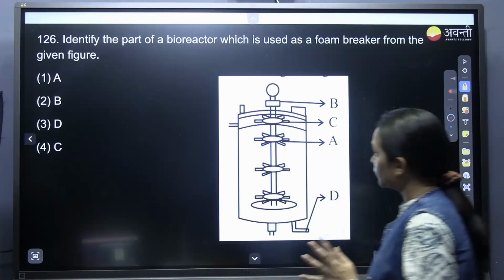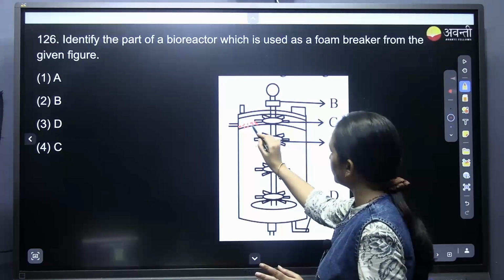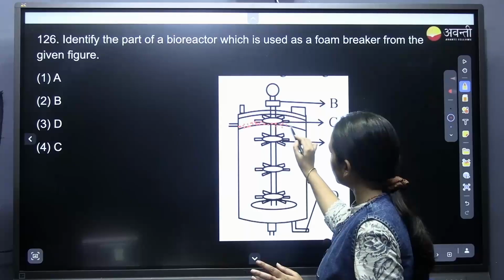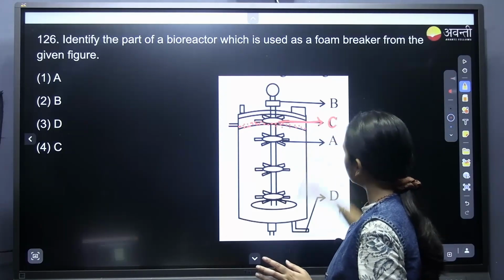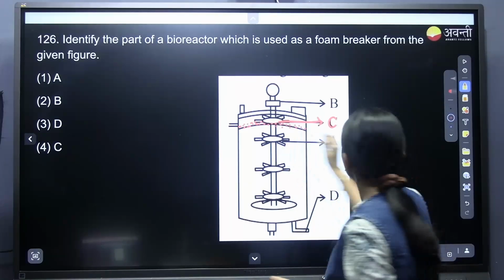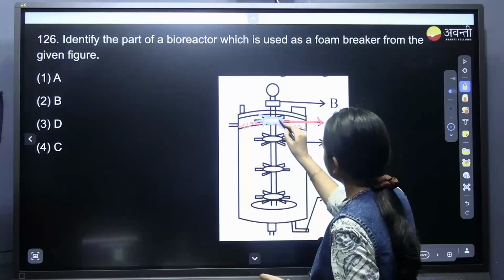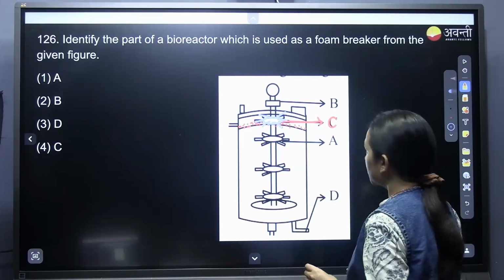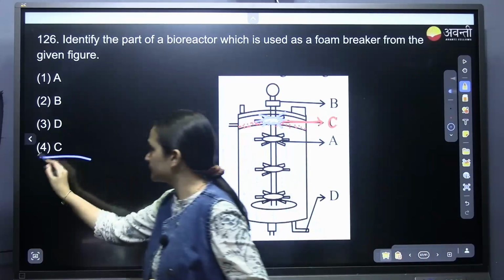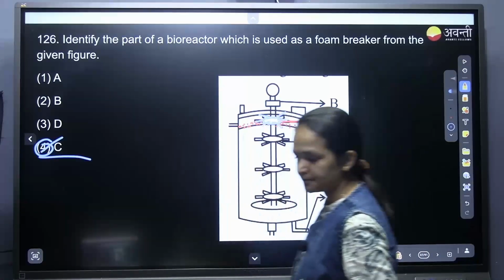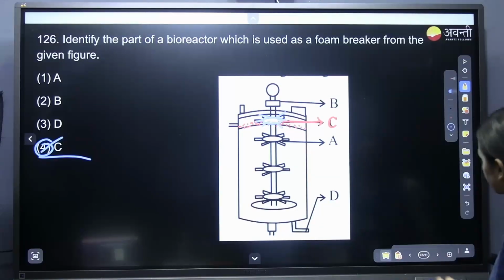Foam will be formed here, and if you want to break the foam, you use this particular thing, that is C. This one is a foam breaker. It breaks the foam. So C. Option 4 is the correct answer. Understanding? Very easy.